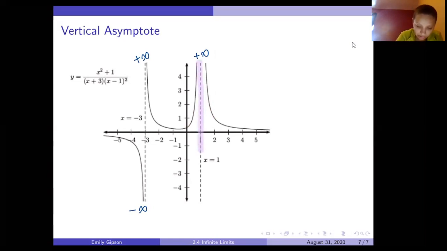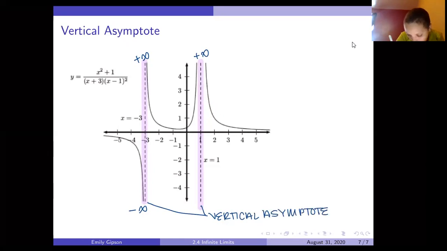What are these dashed lines called? And the answer is vertical asymptotes. And you can always find these on a graph because you can always see them.